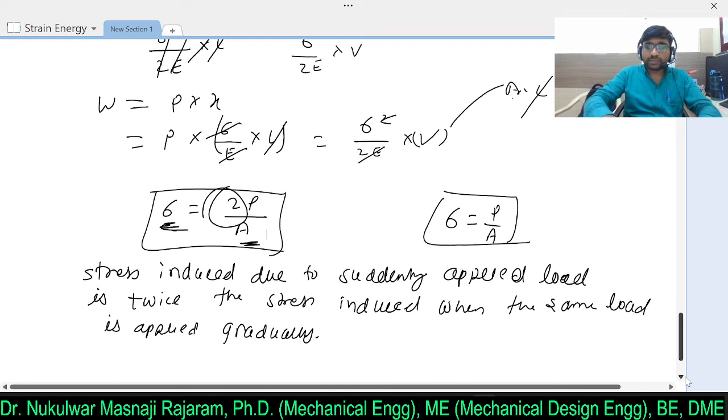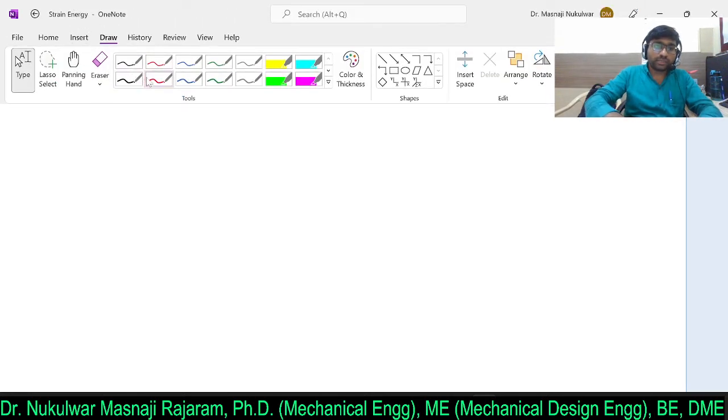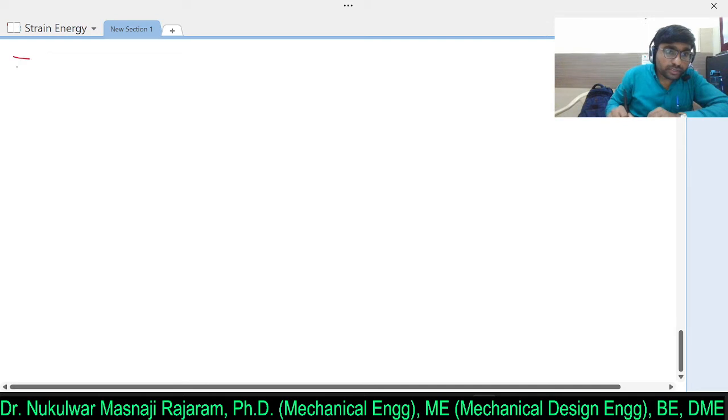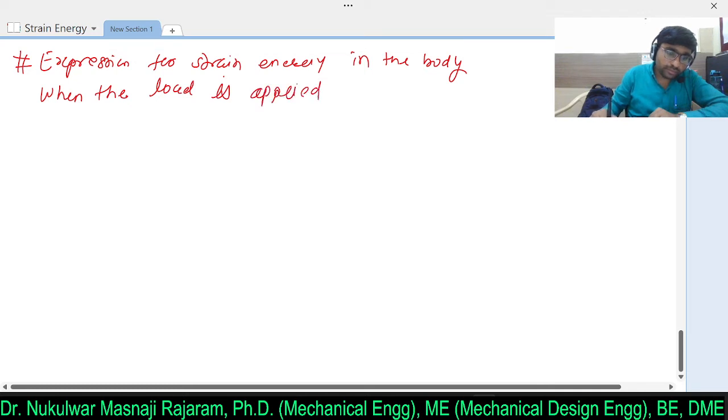Now there is a last expression we want to see, when there is an impact load. Clear. So I will write the third condition, that is expression for strain energy in the body when the load is applied with impact. Clear.